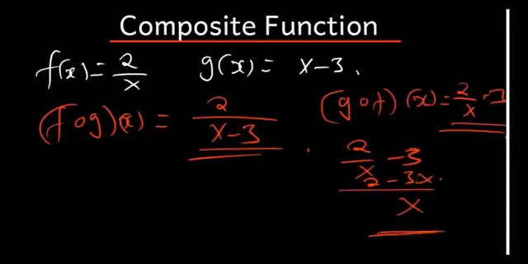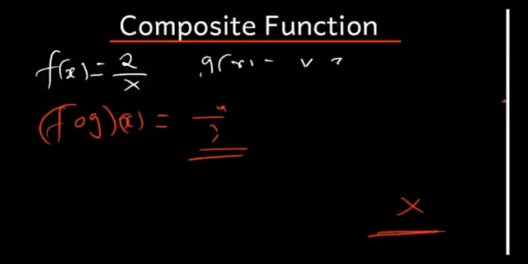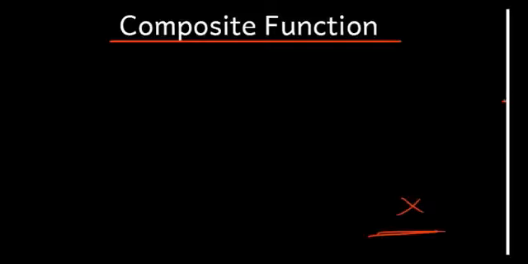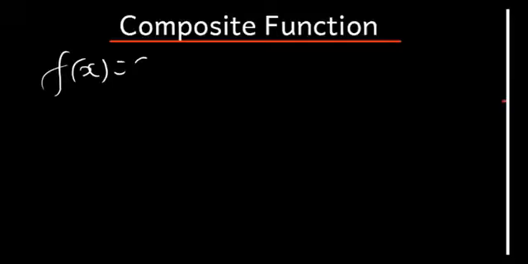Okay, now let's have a different thing. Let's say we have again 2 functions. We're going to use f and g again. So let's say f of x is 2x plus 3.